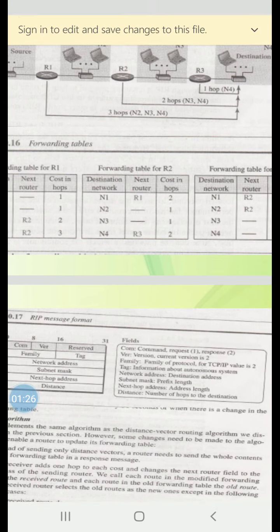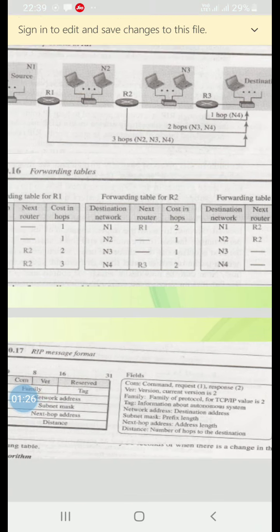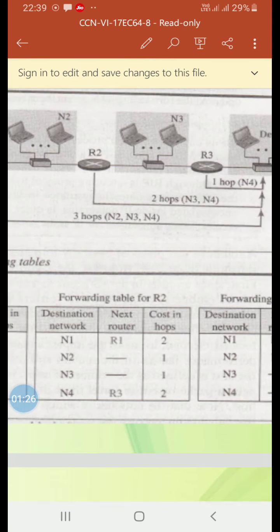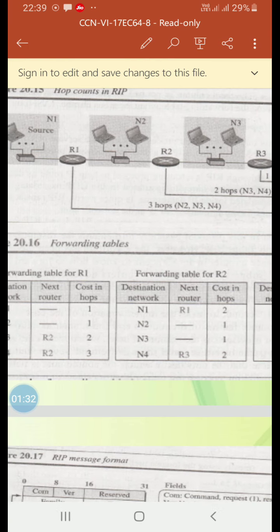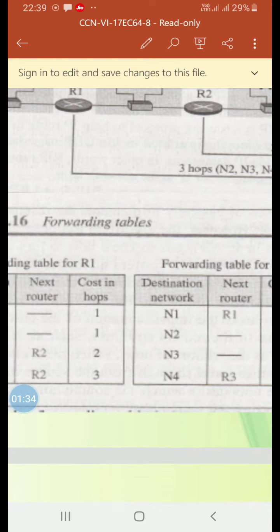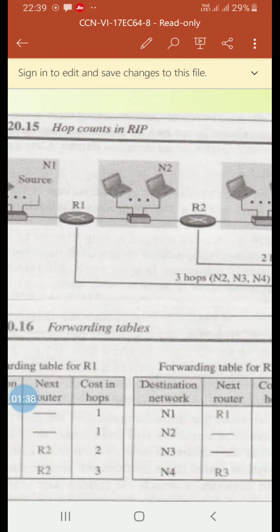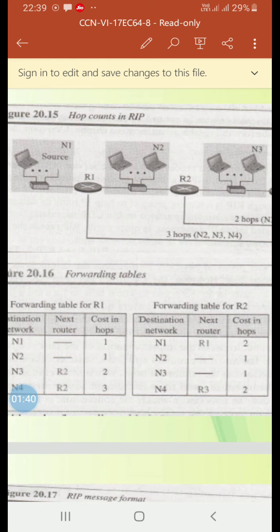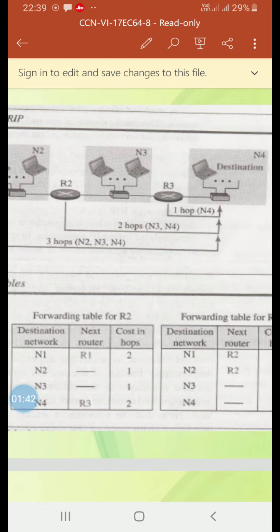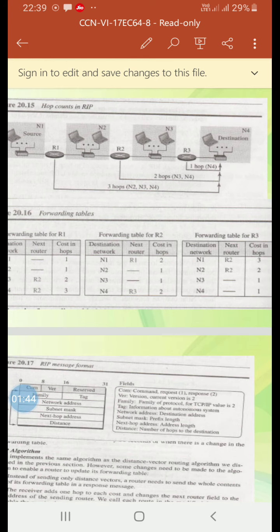This figure is showing hop counts in RIP. It shows the concept of hop count advertised by 3 routers from a source host to destination host.